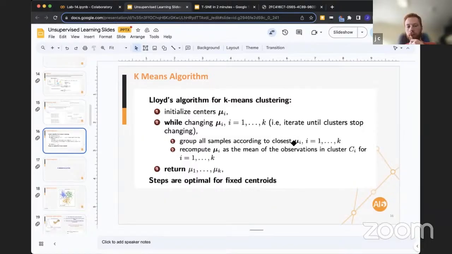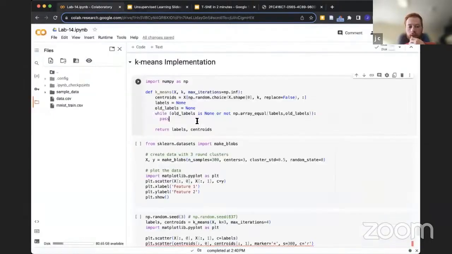So we first have to know what the closest is. And for that, we compute the distance to all our points.